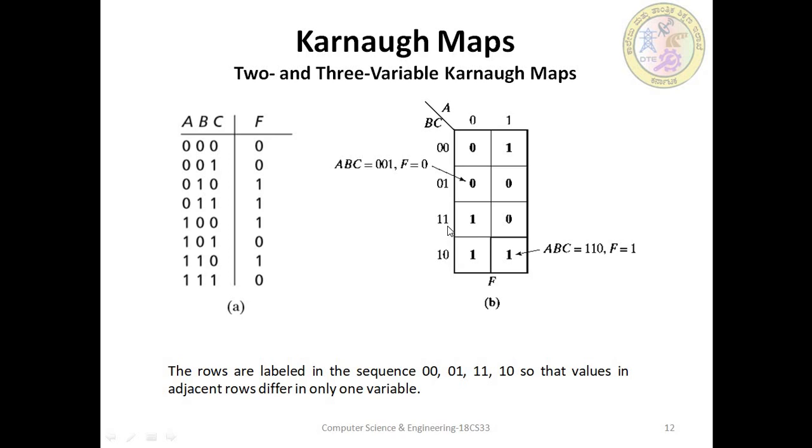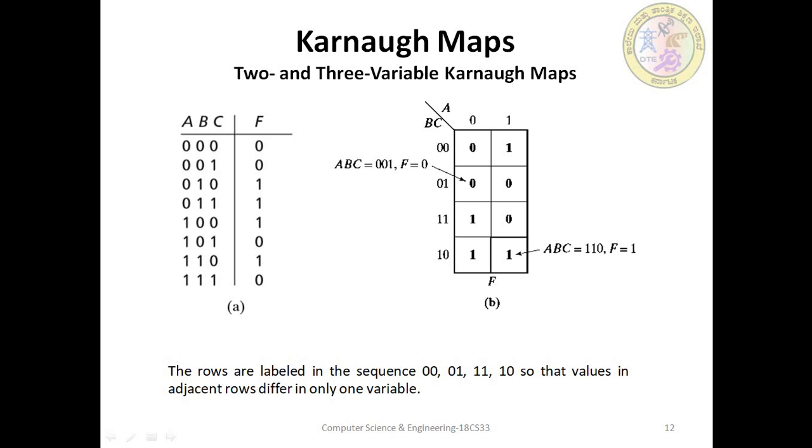What happens if we place 1 0 here and 1 1 here? Then 0 1 0 becomes 1 0, which means a two-bit change will happen, which may lead to some other distraction in the Karnaugh map. So it is not supported, and it is recommended to use 0 0, 0 1, 1 1, 1 0. This is the combination you have to use.